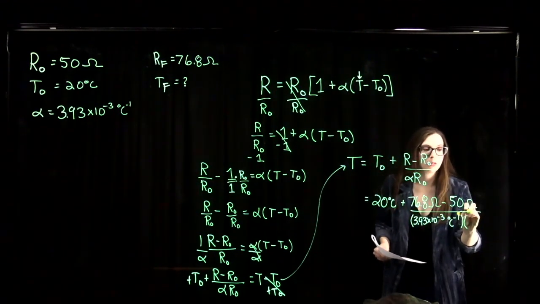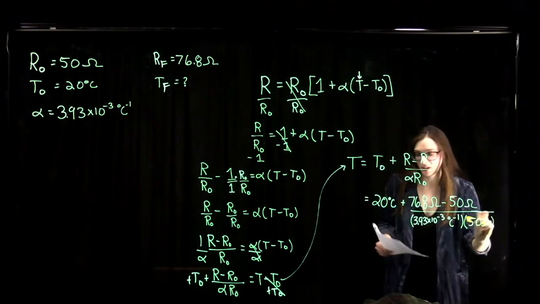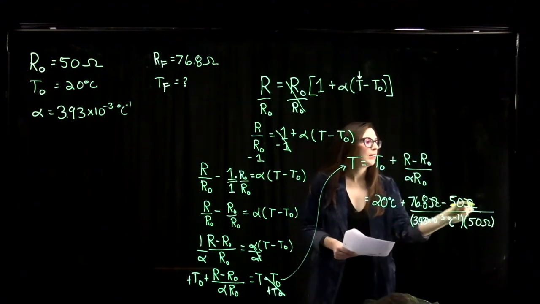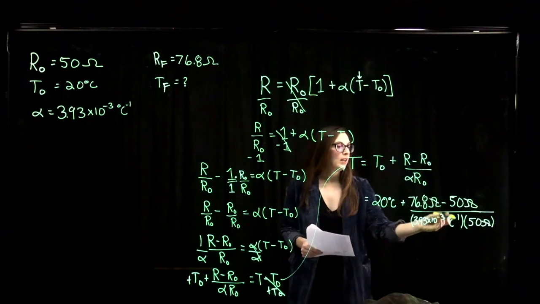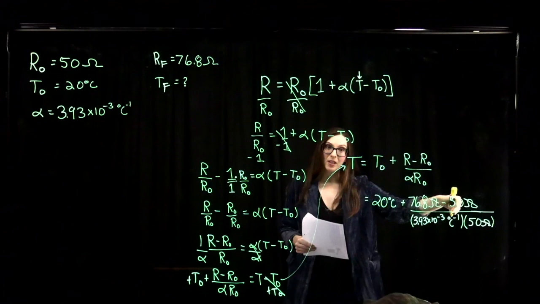And then we multiply it by our original resistance, which was 50 ohms, okay? So we've got ohms on top. They cancel with this ohm on the bottom. We've got 1 over an inverse degree Celsius. That'll give us a degree Celsius here.